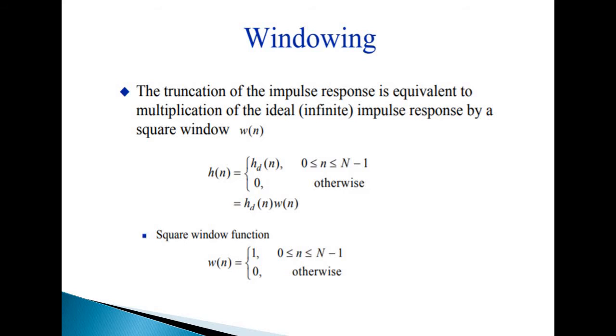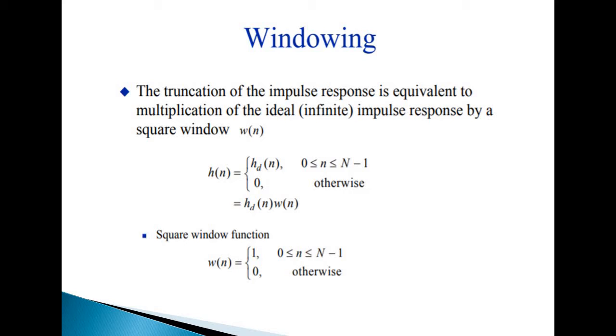So what is windowing? The truncation of the impulse response is equivalent to multiplication of the ideal infinite impulse response by a square window, or by any type of window or weighting function. So h of n is equal to hd of n from 0 to N minus 1, otherwise 0.